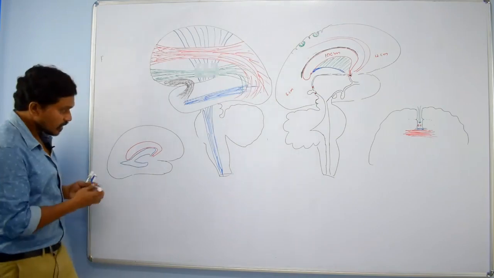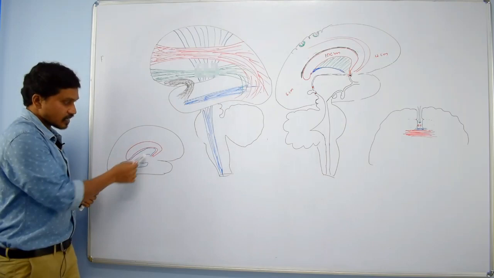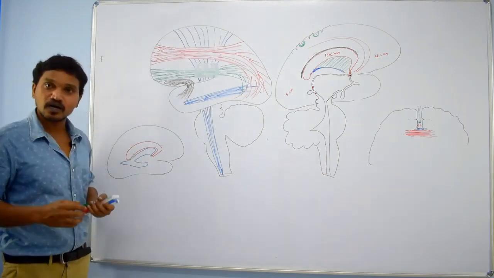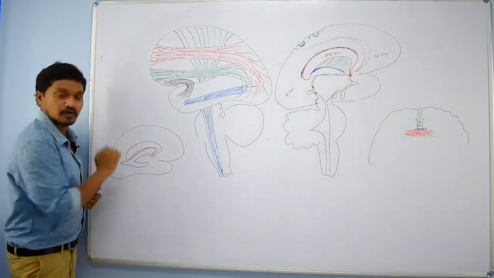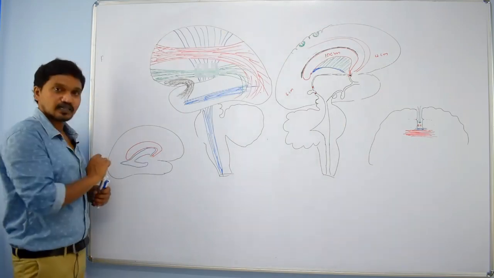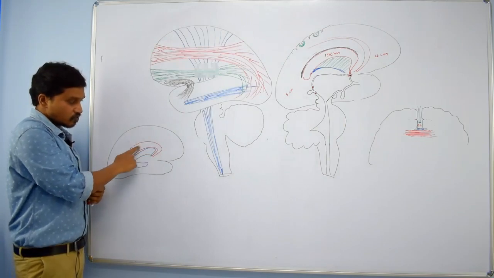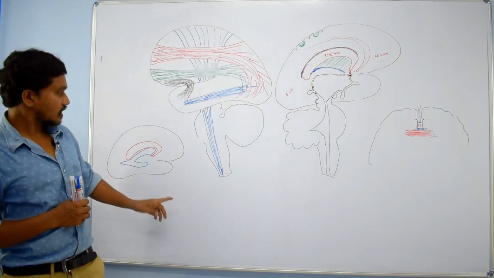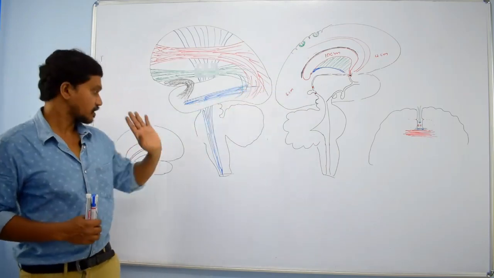Right? And what is this part? Trunk or body. This trunk forms the roof of the central part of lateral ventricle. Right? So these are the relations of genu, rostrum, body. Right? Now we will see the relations of splenium.